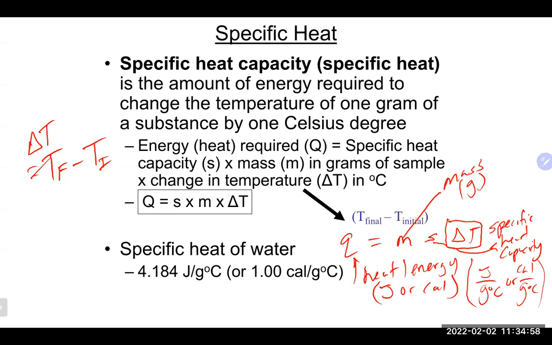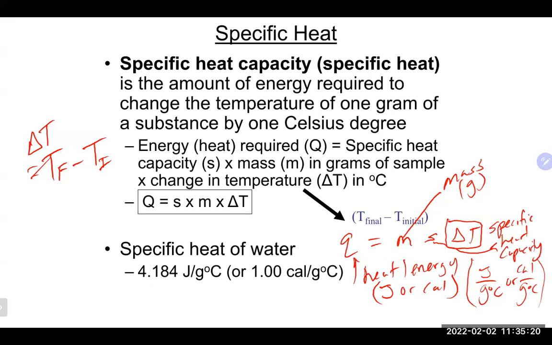M is a positive number. So really the only place we're going to get our negative value for Q is that change in temperature. So it's definitely not where you just want to take the difference in the temperature. You want to make sure that you always do final minus initial. That's where you're going to get that negative value or positive value for Q.